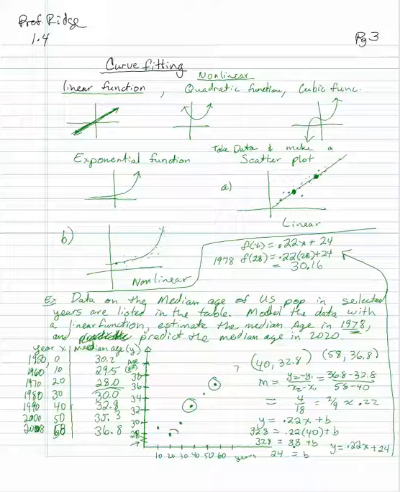And now let's use this function to predict 2020. That's 70, because 1950 is 0.